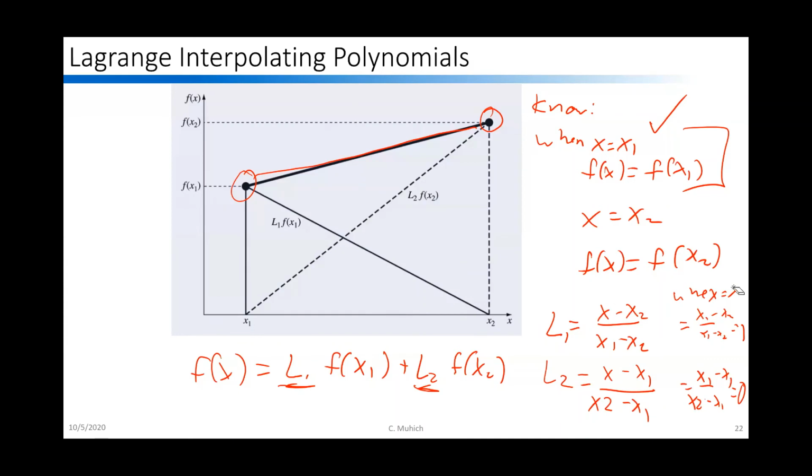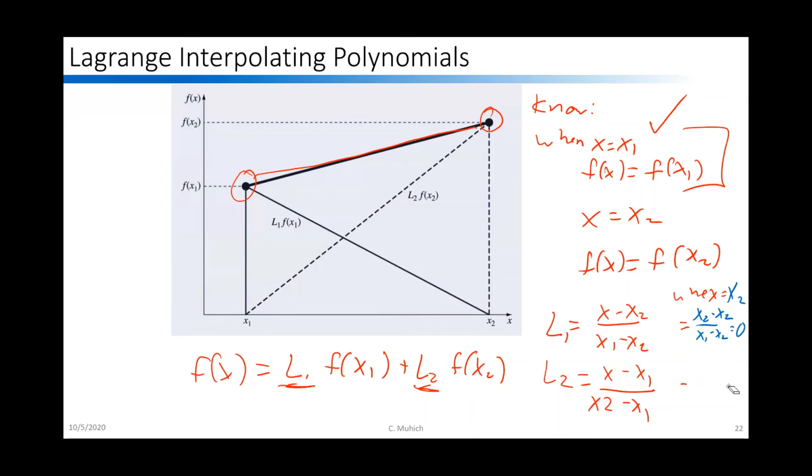I can try again, maybe in a slightly different color. We can check to see what's going to happen when x equals x2. I get x2 minus x2 over x1 minus x2. Oh, that's 0.